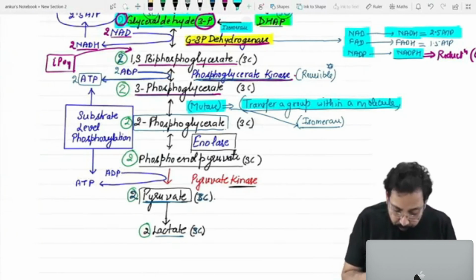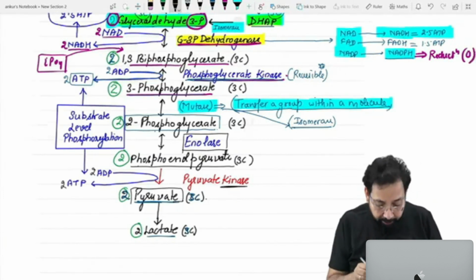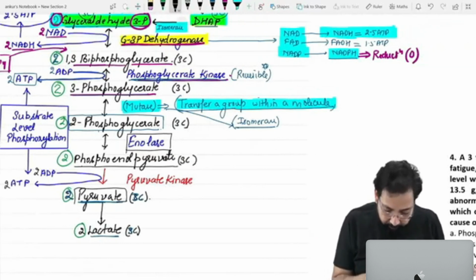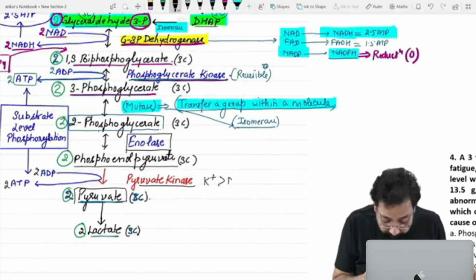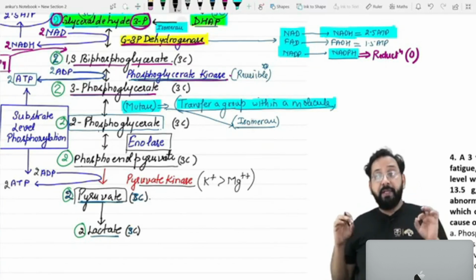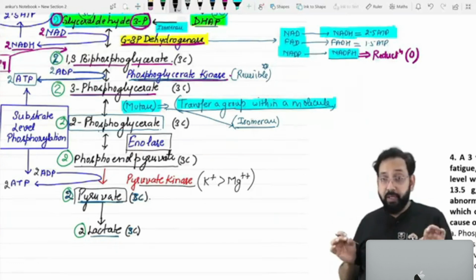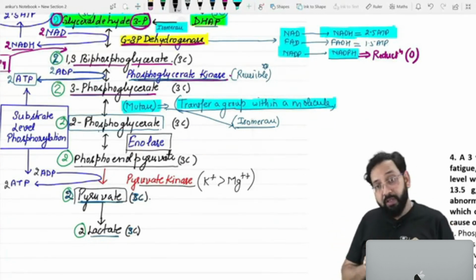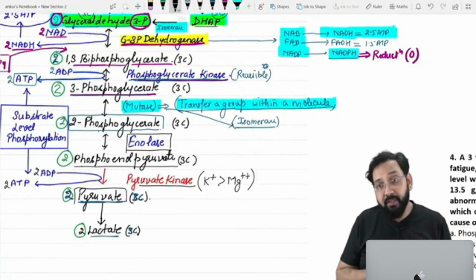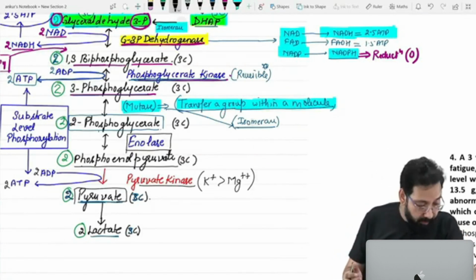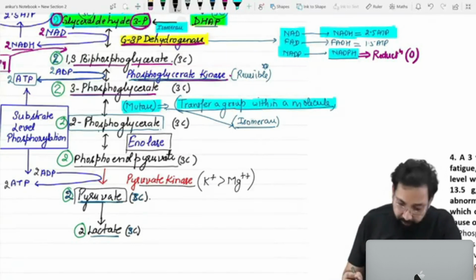Two molecules of phosphoenol pyruvate are there, so 2 ADPs are converted to 2 ATP. The cofactor for pyruvate kinase is potassium, then magnesium. All kinases require magnesium, so pyruvate kinase also requires magnesium, but if the question asks for the better answer, potassium would be the better answer.